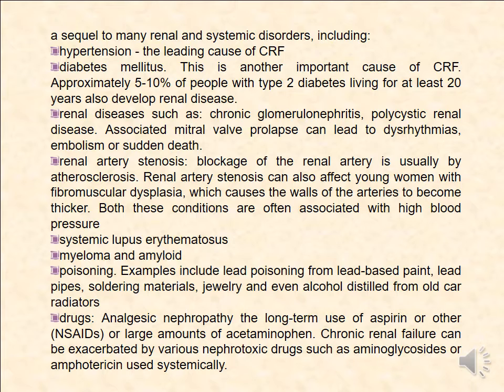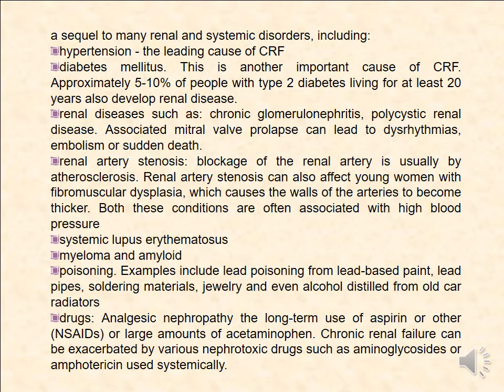Renal artery stenosis, blockage of the renal artery, is usually by atherosclerosis. It can also affect young women with fibromuscular dysplasia, which causes the wall of the artery to become thicker. Both these conditions are often associated with high blood pressure.